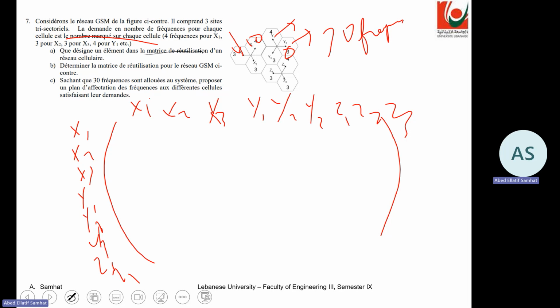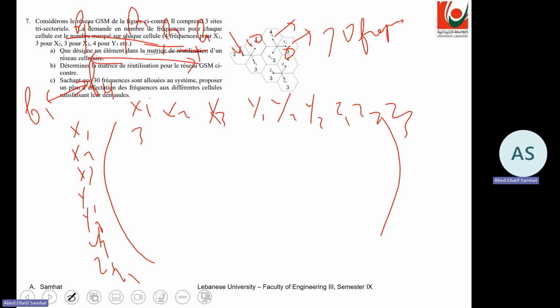So if I'm using F1, I should not use F2 and F3. I should move to F4 within the same cell. So we have a guard of three frequencies.